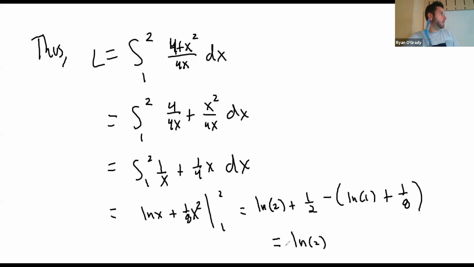So 1/2 is the same thing as 4/8. When I take away 1/8, I get 3/8. So I get log 2 plus 3/8, provided we didn't make an error. And by the way, don't forget that log of 1 is equal to 0.